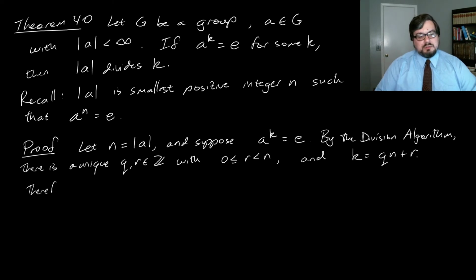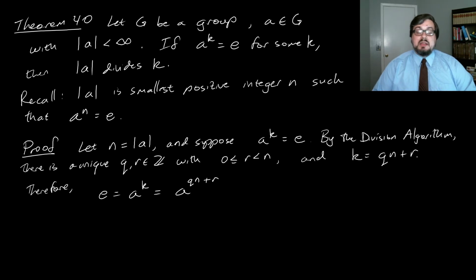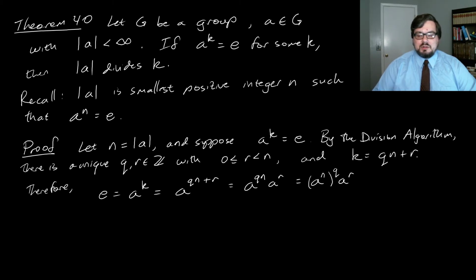So therefore, we have that the identity is A to the K, but A to the K is A to the Qn plus R. And now we can start splitting things up. We can write this as A to the Qn times A to the R. A to the Qn is the same as A to the n, to the Q, times A to the R. Now, A to the n, by definition, is the identity.